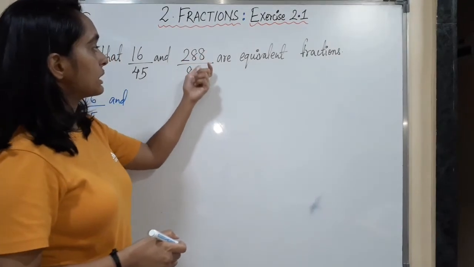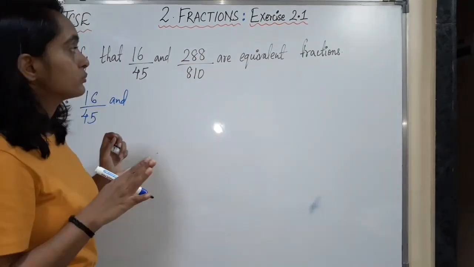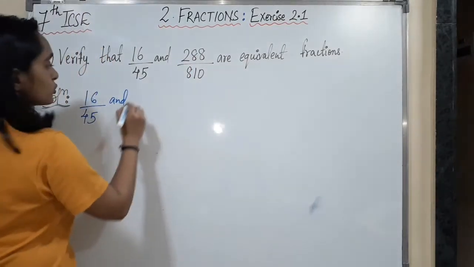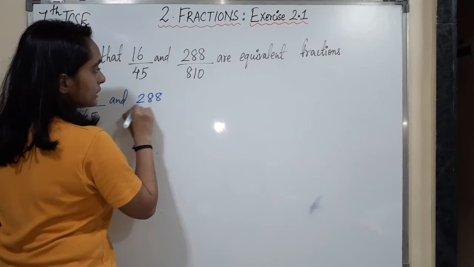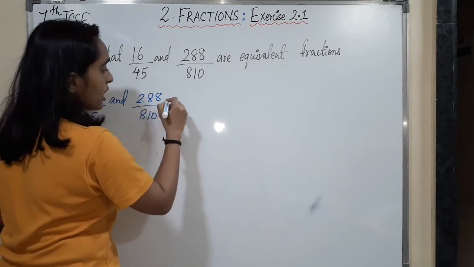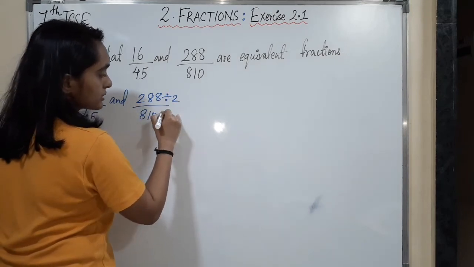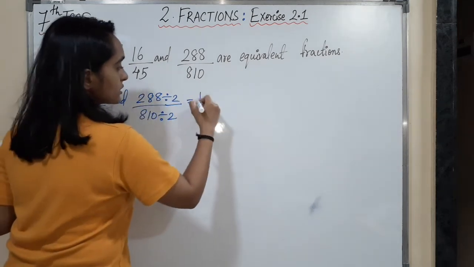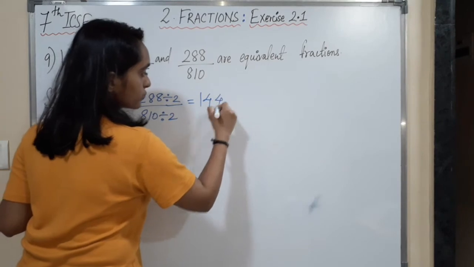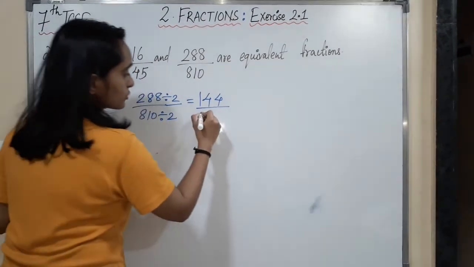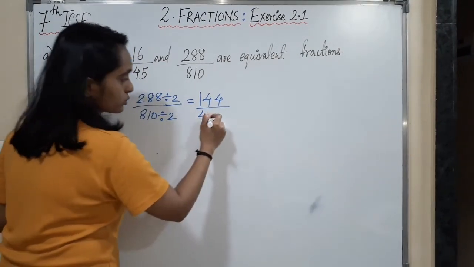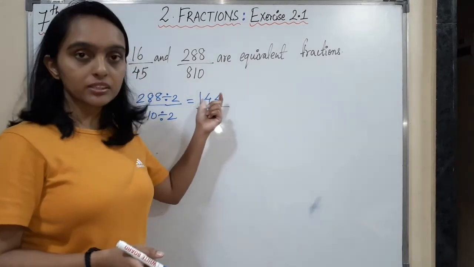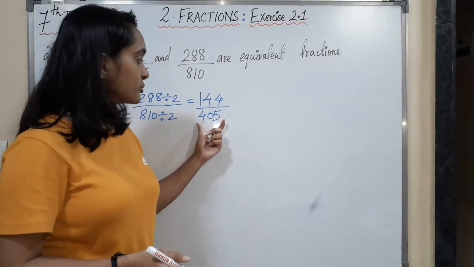For 288 upon 810, both the numerator and denominator are divisible by 2. After dividing both by 2, you will get 144 upon 405. Here the numerator is divisible by 2 but the denominator is not divisible by 2.